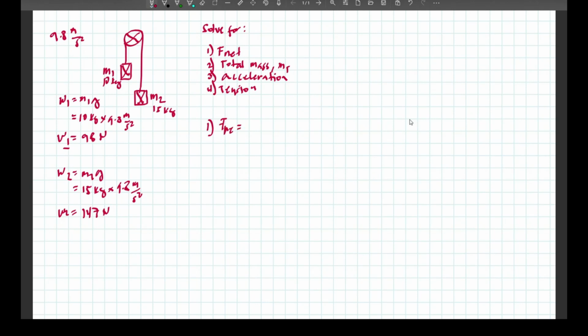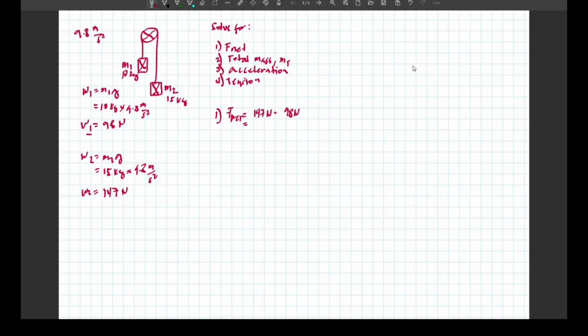F net is equal to W2, which is bigger in value, 147, minus the smaller value, weight 1, which is 98 Newtons. That will give us 49 newtons. So this is our F net. Let's box it.